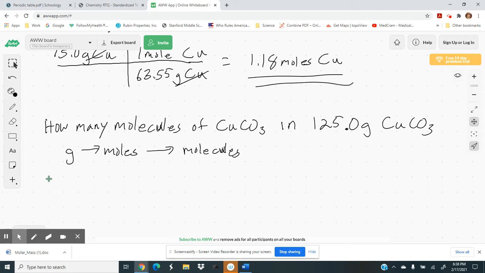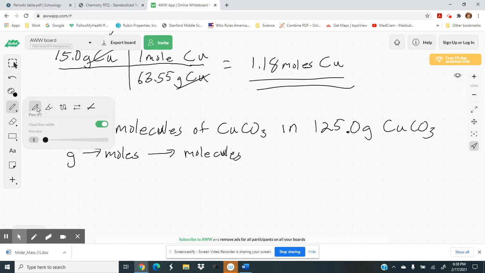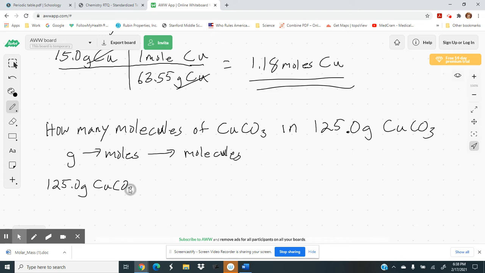So I'm going to write down my given again. Here in this one, 125.0 grams copper carbonate. I have a hard time with my U's not looking like A's, I notice. I'm going to convert it.